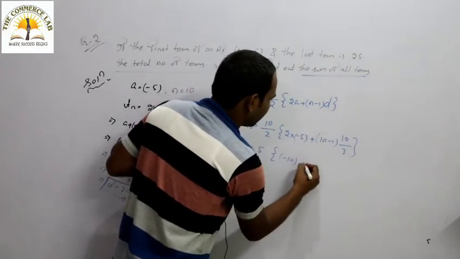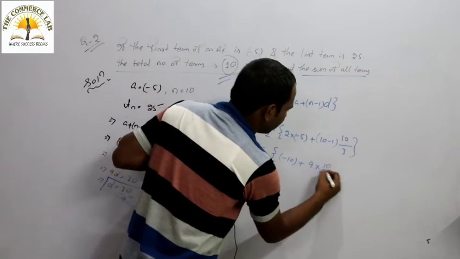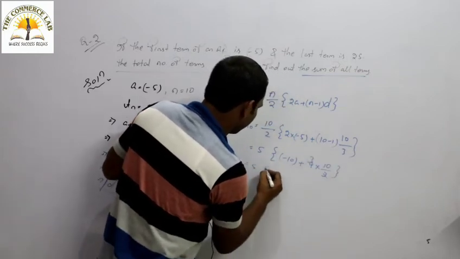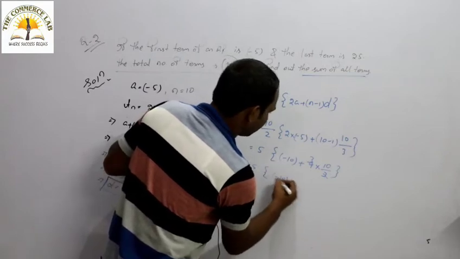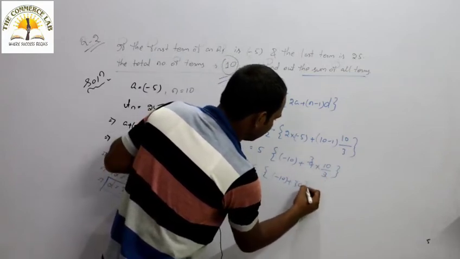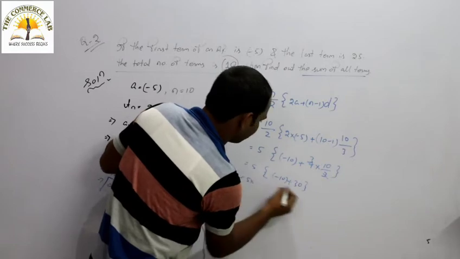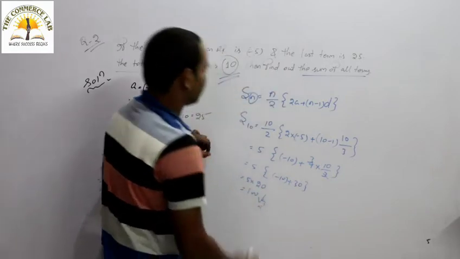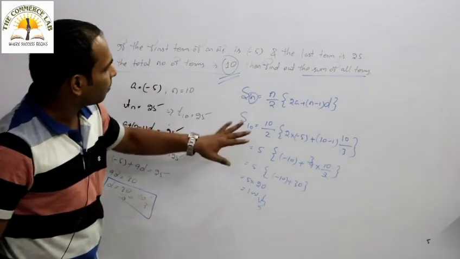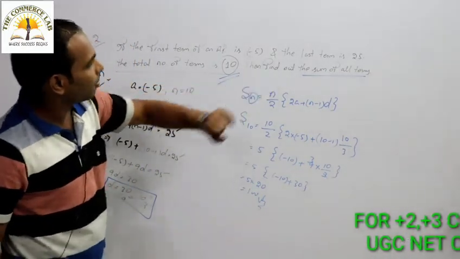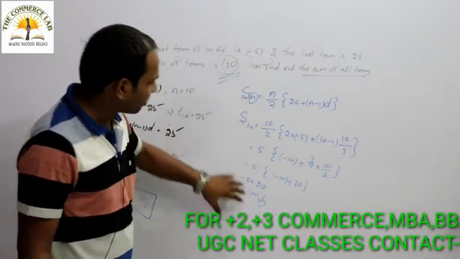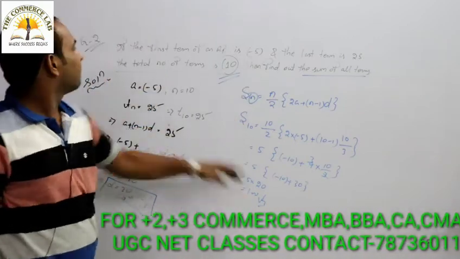So 5 into minus 10 plus 9 into 10 by 3. 3 3s are 9, so minus 10 plus 30 is 20, 5 into 20 is 100. So the sum of the first 10 terms is 100.